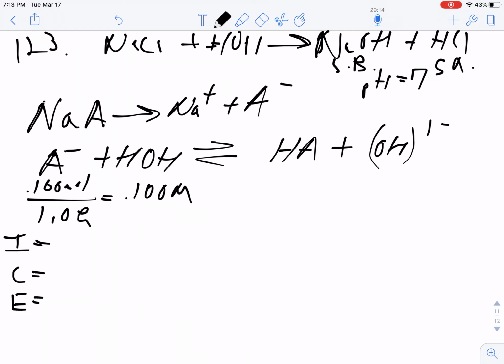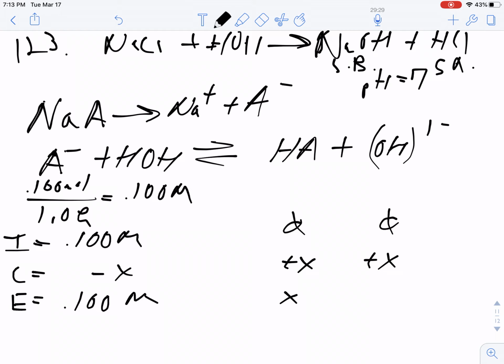But every problem we've done so far, they've given us the molarity to begin with. So we've got 0.10 molar of this, 0 of this, 0 of this, shift right, 0.100 molar minus x, plus x, plus x.